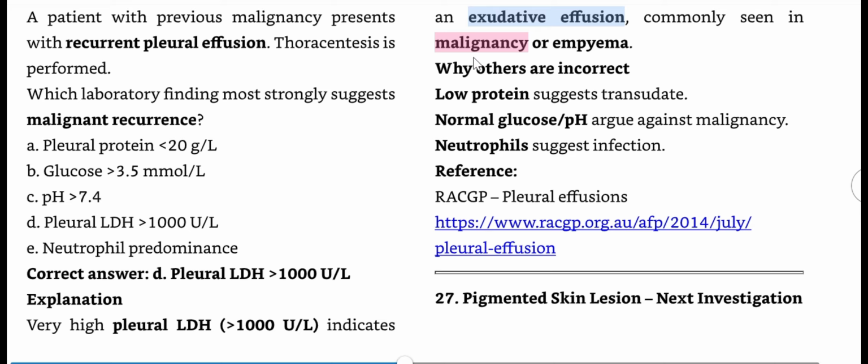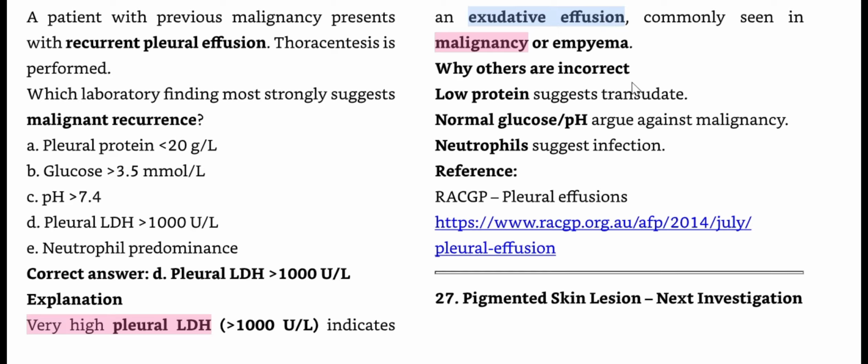So malignant pleural effusion is indicated by the presence of exudative effusion and very high pleural lactate dehydrogenase, more than 1,000 unit per liter.